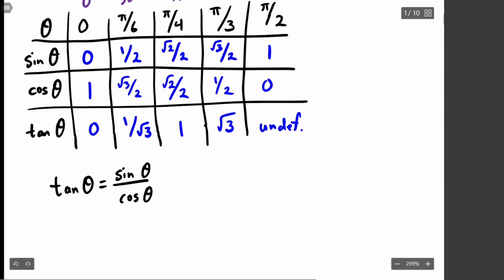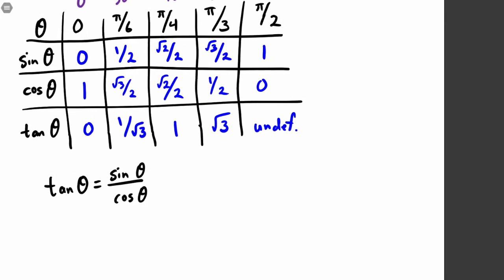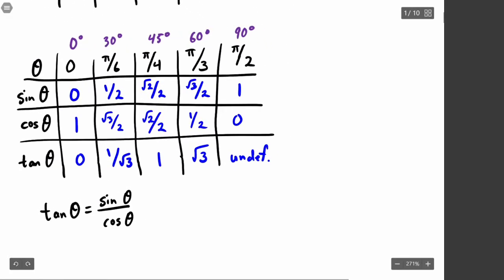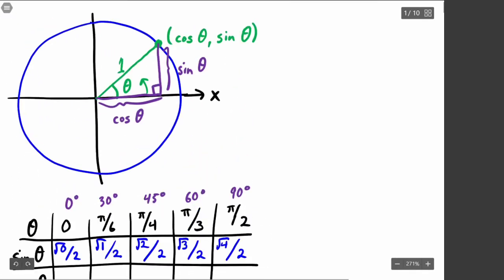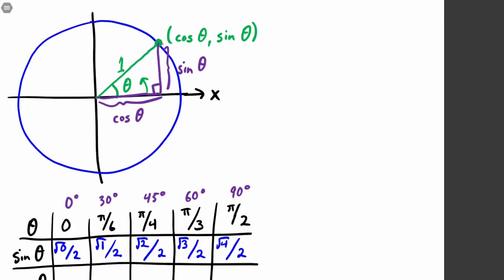Okay. So now that we have the basic values down, how do we get the rest of them? Well, once we get past pi over 2, right, pi over 2 is up top here. Once we get past that, the sine values are going to start going back down again.